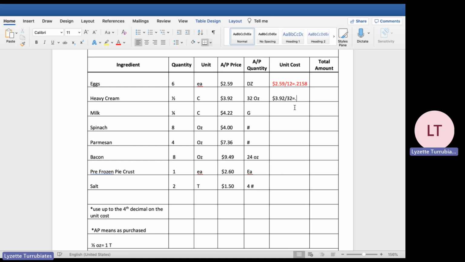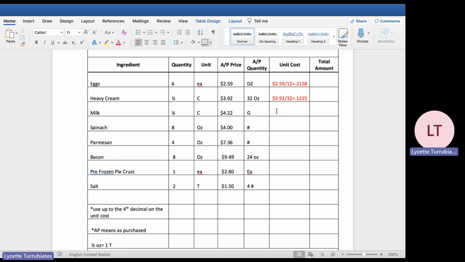So this is going to come out to 0.1225. And again, I'm taking my as purchased price and I'm dividing it by the as purchased quantity so that I can get the smallest unit.